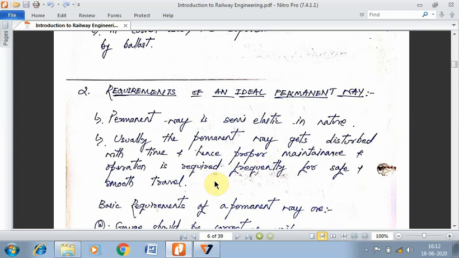So usually the permanent way gets disturbed with time, as the vehicle starts moving on it, it starts losing its stability, and hence you need proper maintenance and operation, which is frequently expected to be done for safe and smooth travel of huge vehicles.